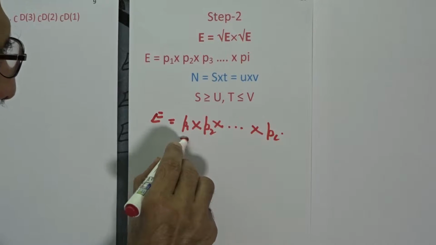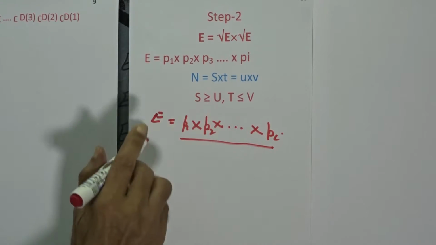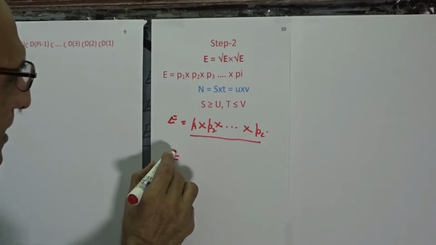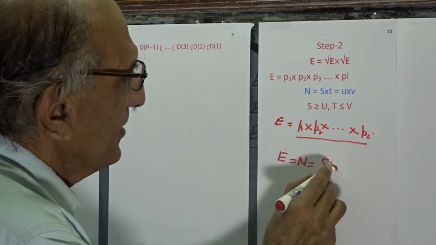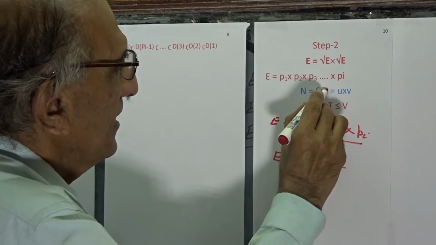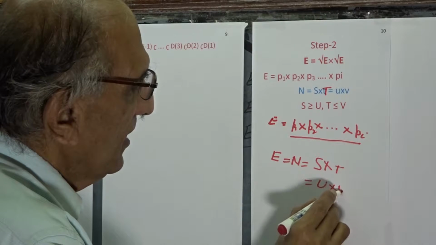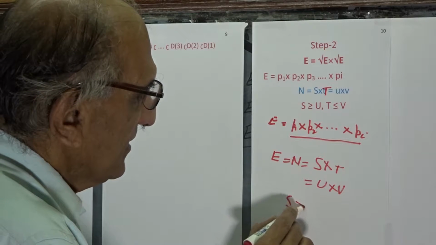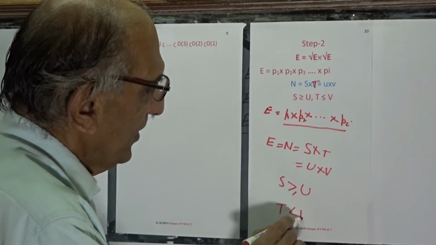Now these primes we know lead us to, say, E as a number value n equal to, say, split s into t, and if this also gives us u into v, and if s is greater than u, then t must be less than or equal to v.